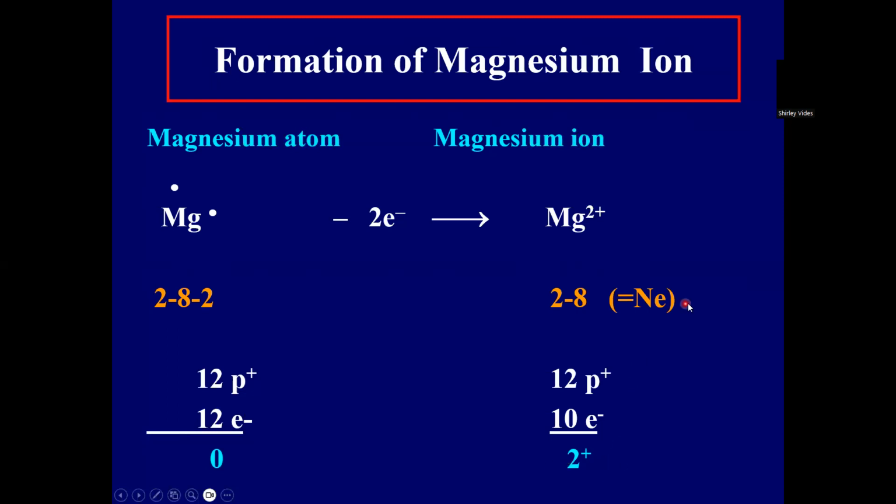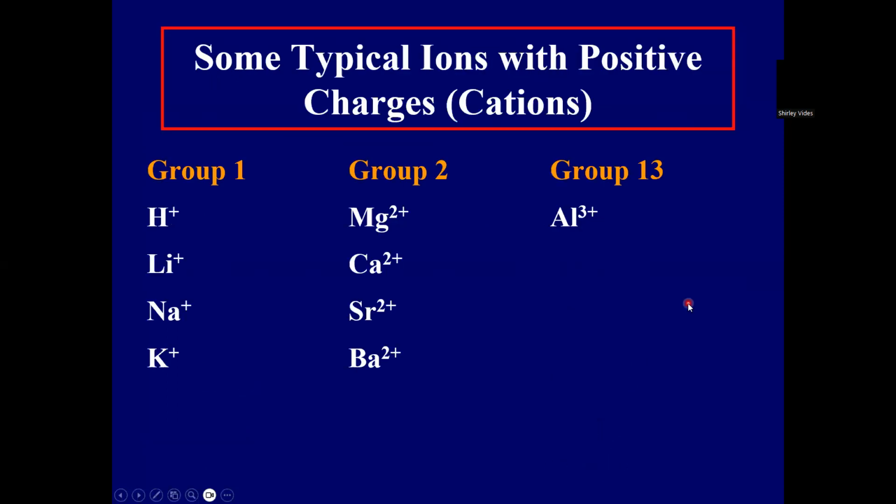Again, 2 positive. So these are some typical ions with positive charges, and their group number. As you can see, the group matches the charge. And like I said, group 13 is also group 3A, which is also matching.